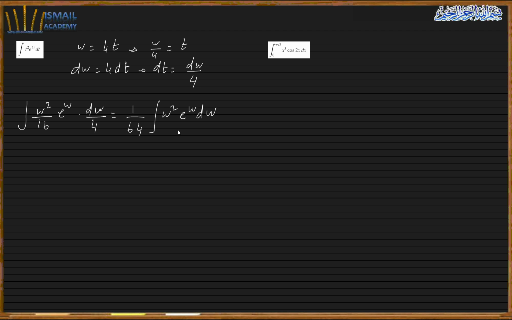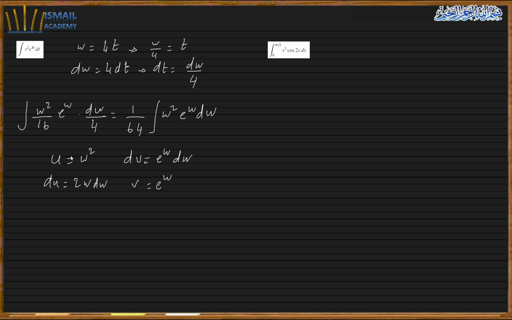As you see here, it's become very simple. So my u will be w squared, and my dv will be e to the w dw. So du will be 2w dw, and v will be e to the w.